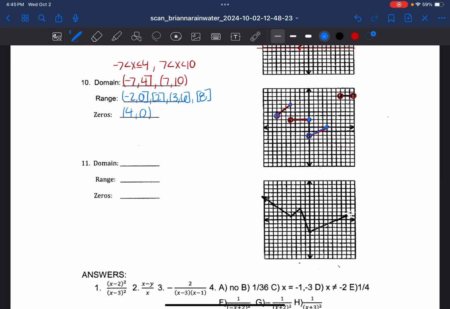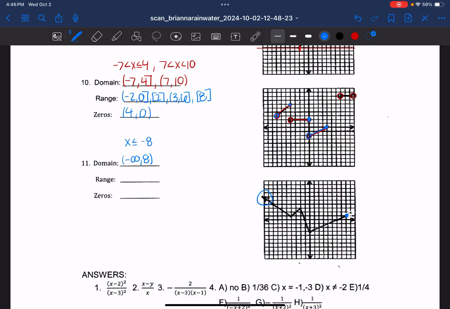All right, number 11's domain appears to extend infinitely to the left, but stops here on the right at 8. So it would go from negative infinity up to 8, or that could also be written as x is less than or equal to 8.